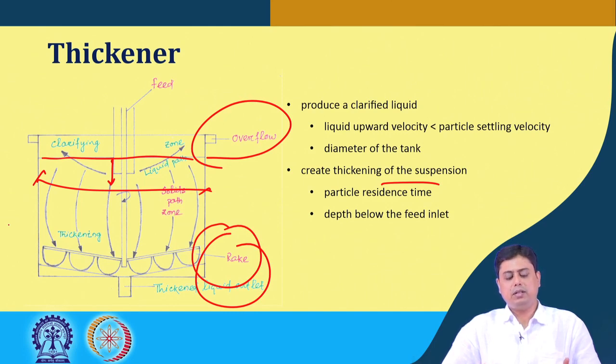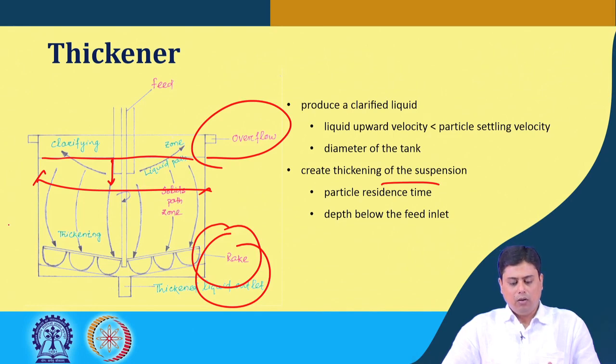The design of the diameter has to be such that the liquid upward velocity is lesser than the particle settling velocity for the corresponding feed rate that we are introducing. So the diameter of the tank is of considerable importance in this case.